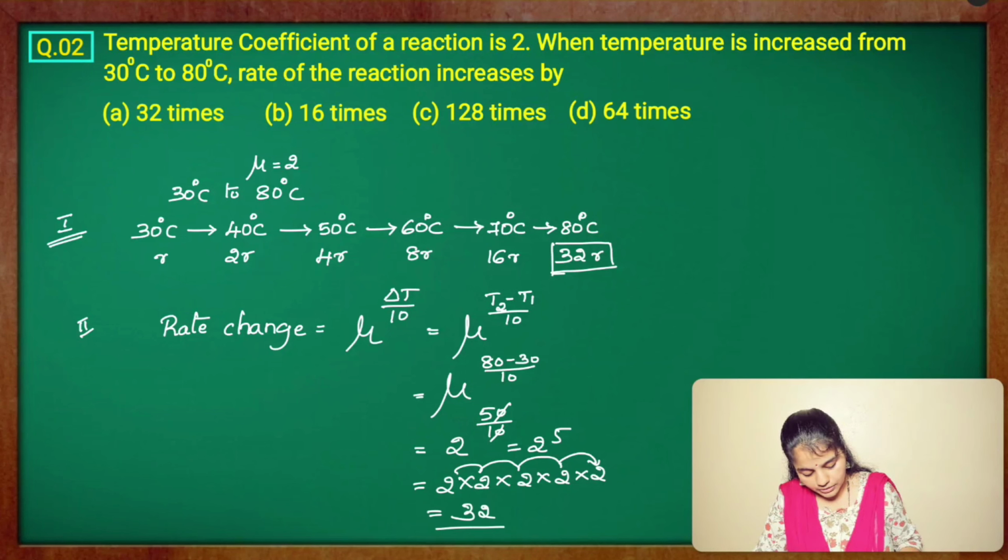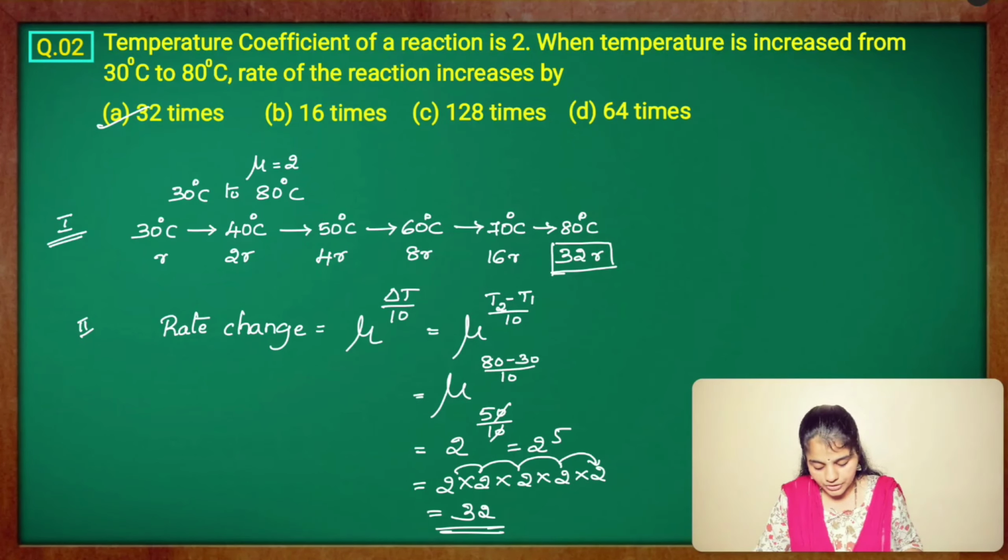So the rate of the reaction increases by 32 times, and therefore the right answer here is option A, 32 times. I have substituted in an elaborated manner here. You know that the difference between 30 degrees and 80 degrees centigrade is 50 degrees centigrade. So directly you can substitute 2 to the power of 50 divided by 10. It's 2 to the power of 5, which is 32 times.